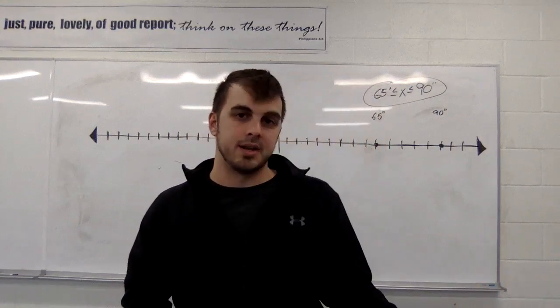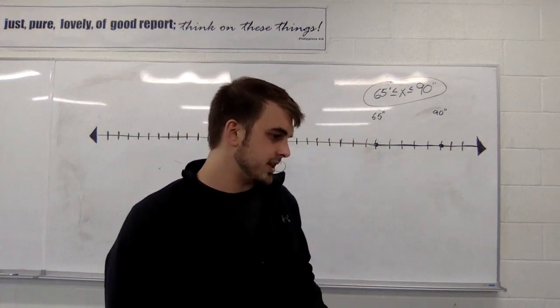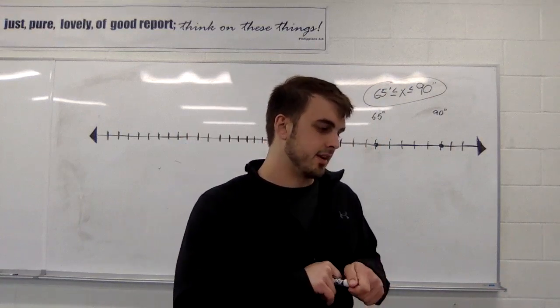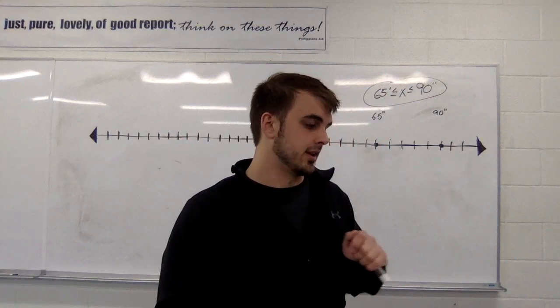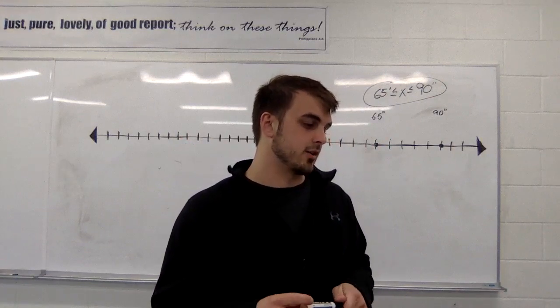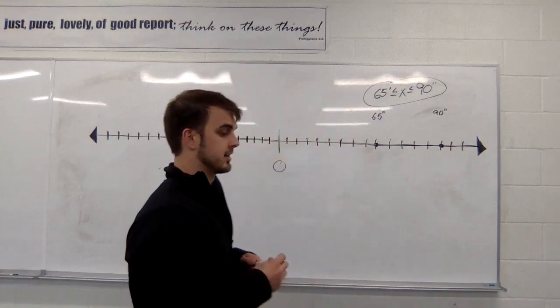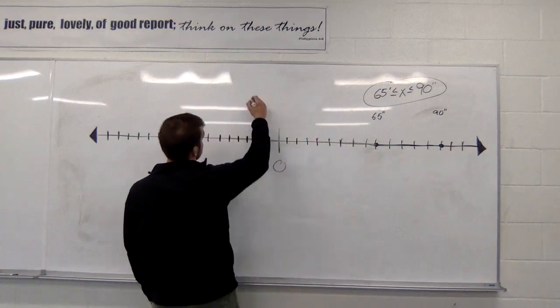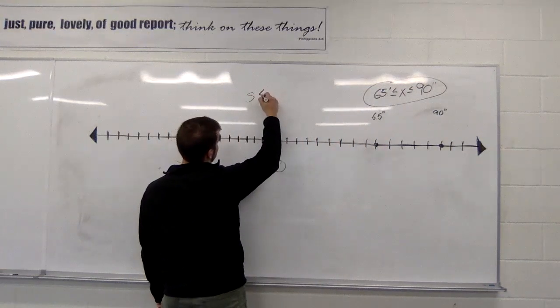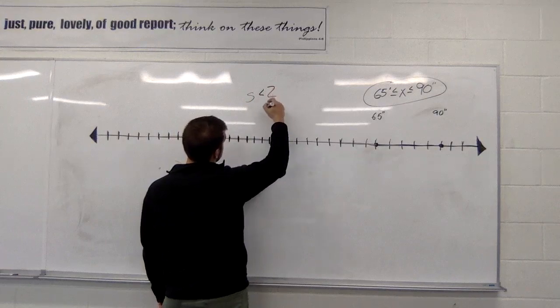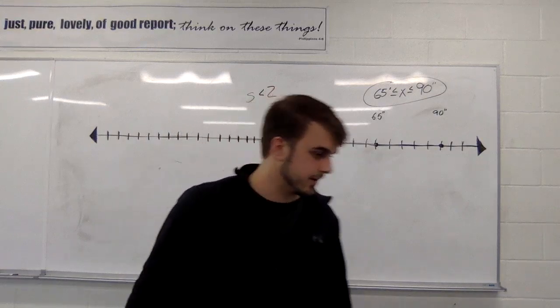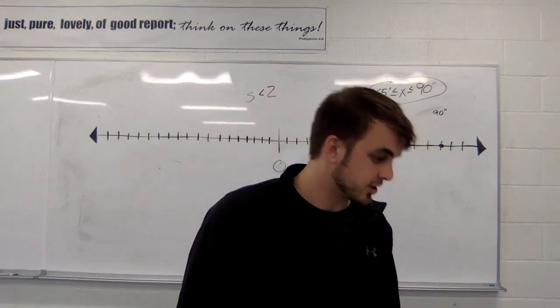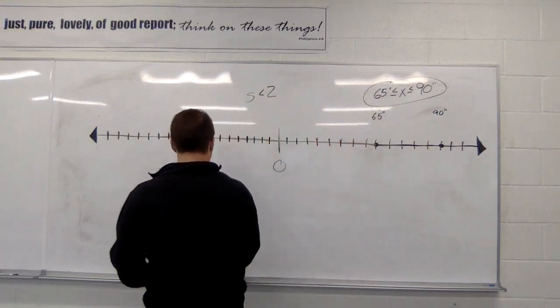So example 1 here. Use a number line graph and an inequality expression to describe the statement. The length of one side of a triangle is greater than 2 and less than 8. So one side of the triangle is less than 2, and I just goofed up there. It's greater than 2 and less than 8.